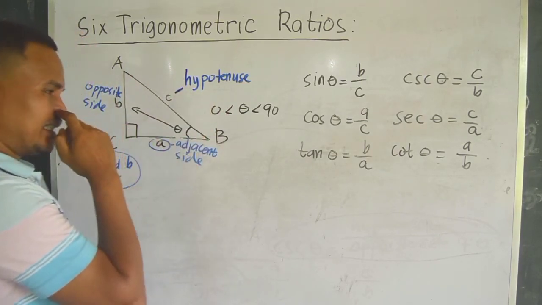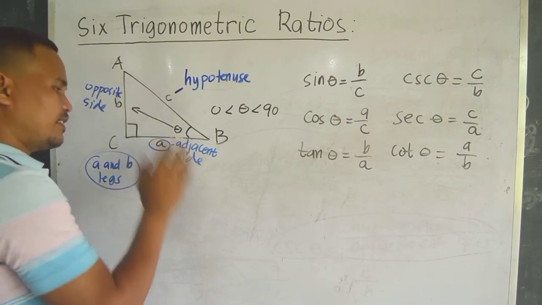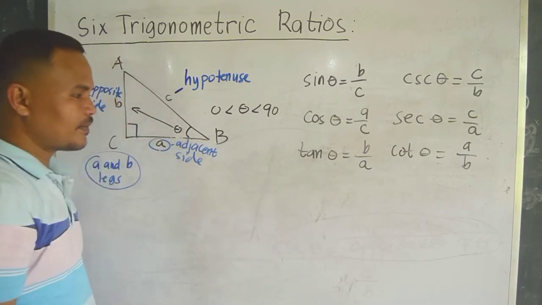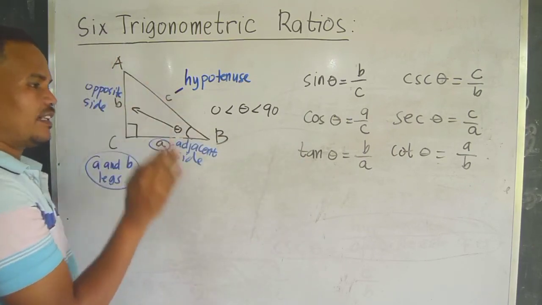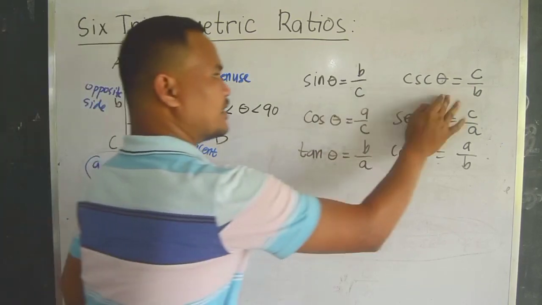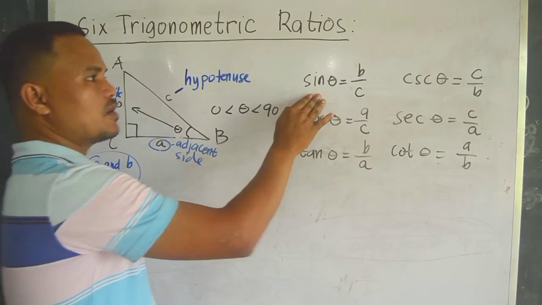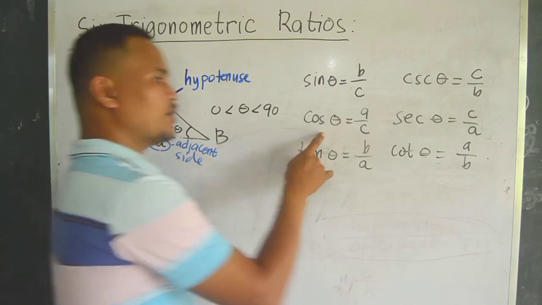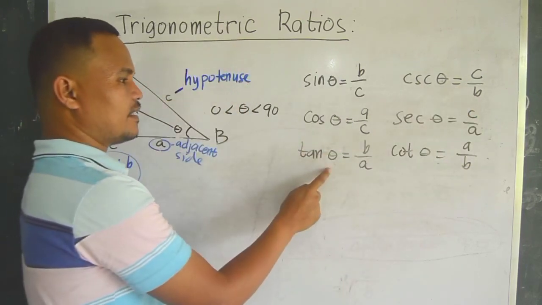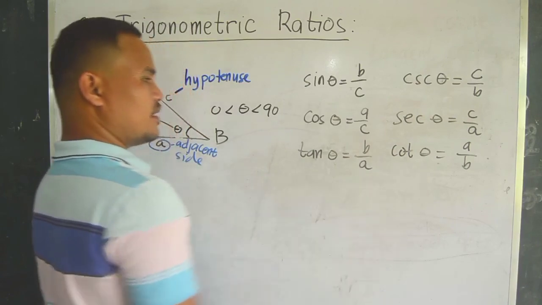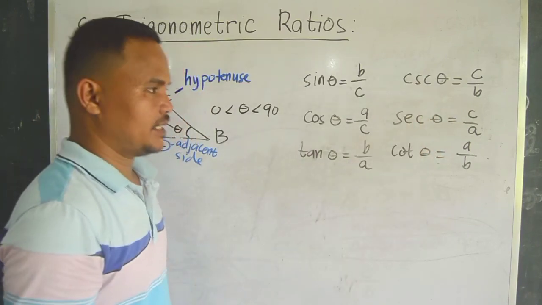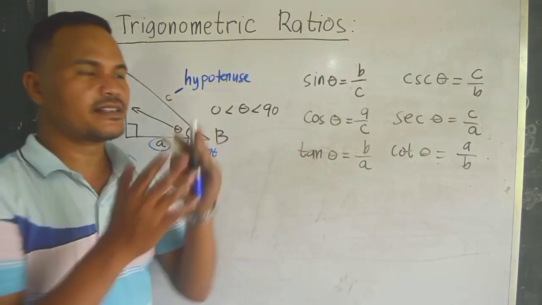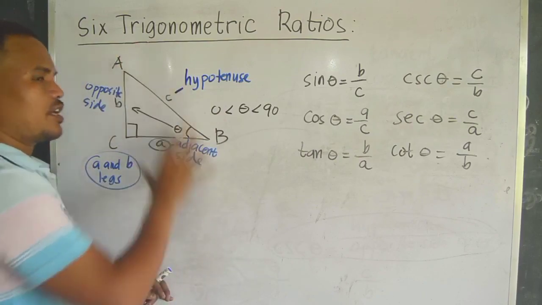Cosine theta is adjacent over hypotenuse, that's A over C. Tangent theta is opposite over adjacent, B over A. Cosecant theta is the reciprocal of sine theta, so C over B. Secant theta is the reciprocal of cosine theta, so C over A. And cotangent theta is the reciprocal of tangent theta, it's A over B. So these are the six trigonometric ratios, and these are only applicable if we have a right triangle.